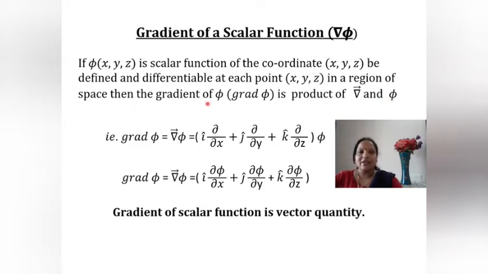Therefore, gradient of a scalar function grad phi is equal to del phi is equal to i dou by dou x plus j dou by dou y plus k dou by dou z of phi.